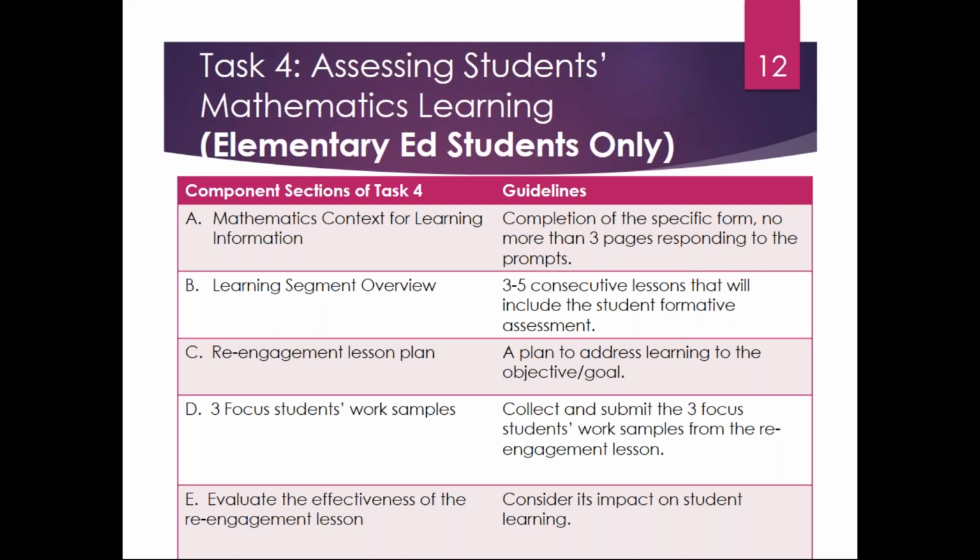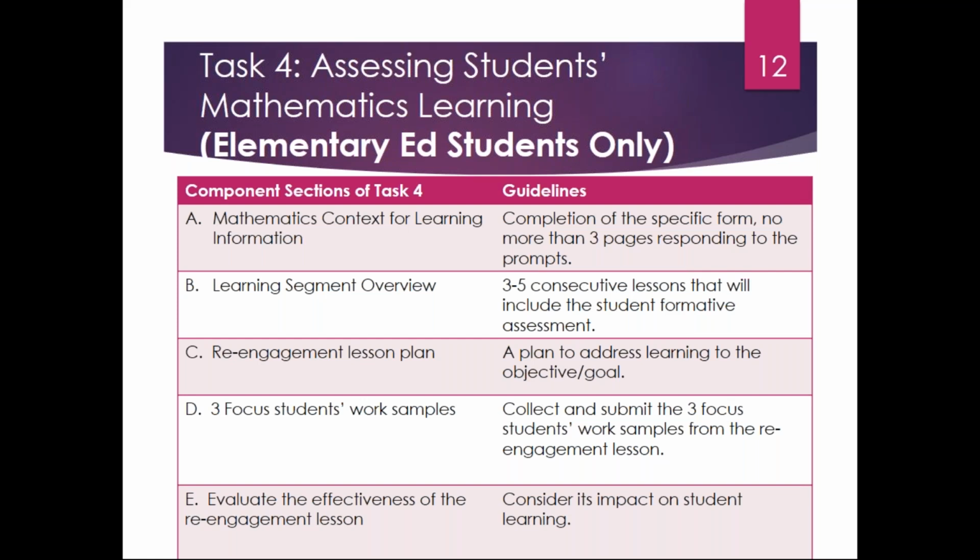So the component sections for task 4, should you have to do it, you need to include a mathematics context for learning information template, a learning segment overview. This is different from the lesson plans that you wrote in the first task, because remember, those lesson plans were full lesson plans written on a template individually. For this, you're just going to be completing the learning segment overview template to plan out your lessons.